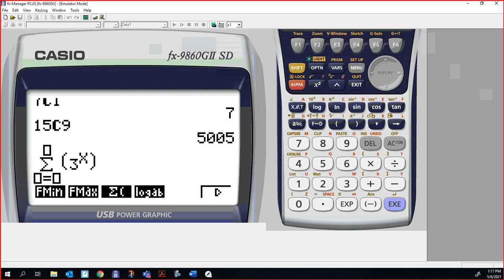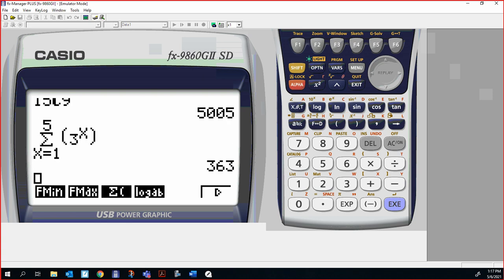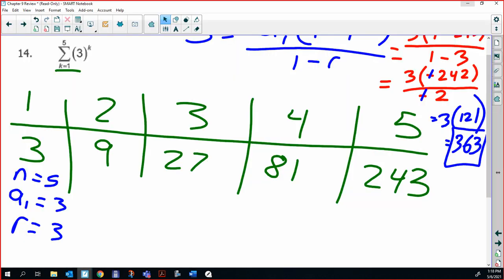And you fill in all the stuff. So since that's an X instead of whatever, I'm going to say X equals 1. And then the top number is 5. And it just automatically does it. If you don't have the type of calculator that gives you all the boxes, then you type it in that same order that I did.